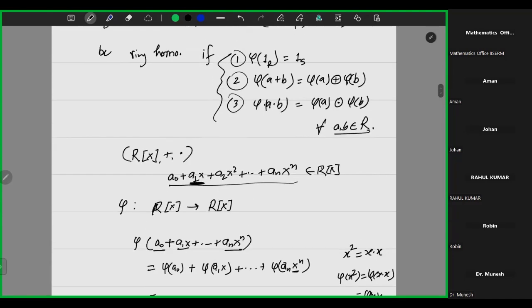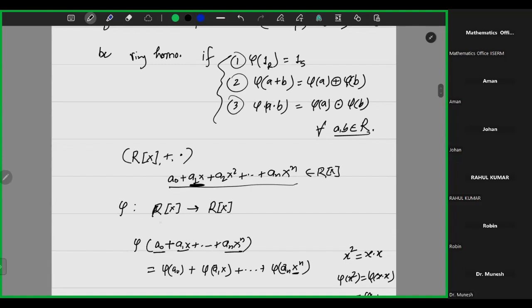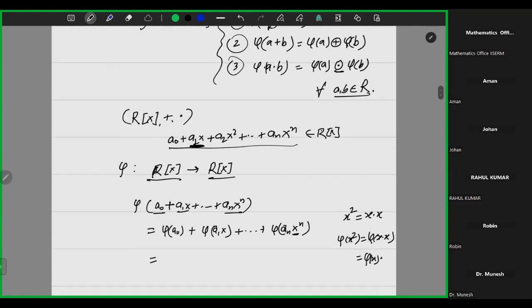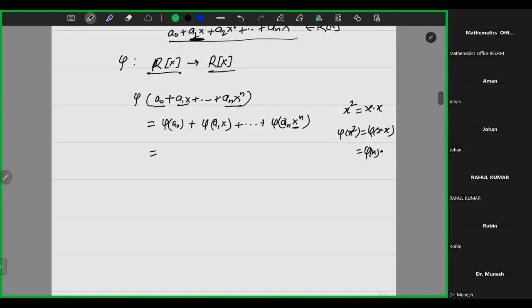Note that the operation in R[x] on both sides is the same, so this dot is the same as this dot. So this becomes phi of x whole square. Similarly, x cube can be written as x square into x, and then phi of x cube will become just phi of x whole cube, right?